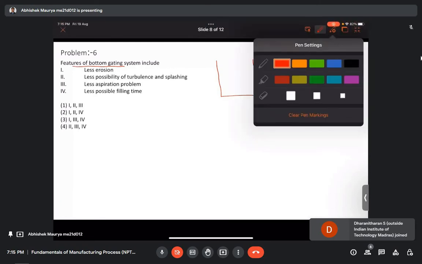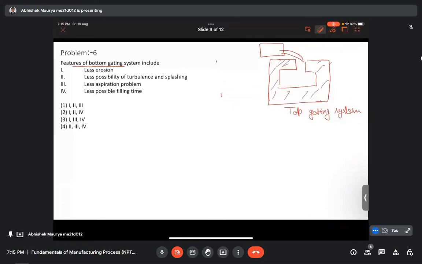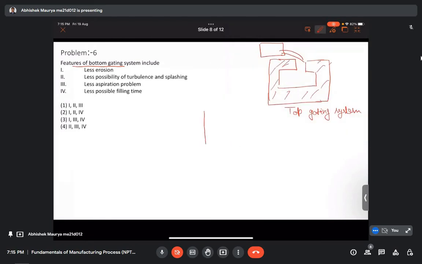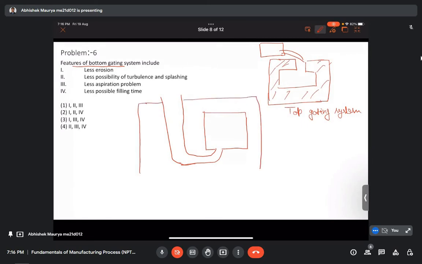Suppose we have a mold cavity and here, this is the example of the bottom gating system.